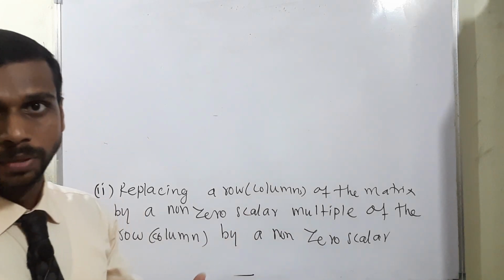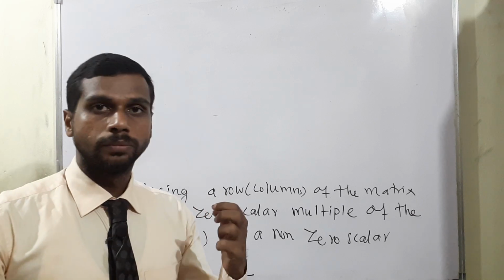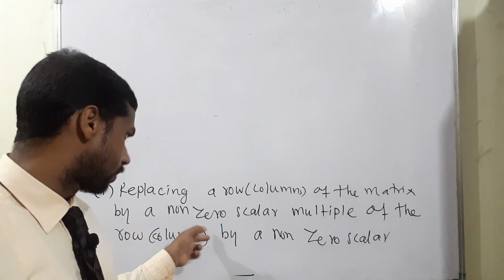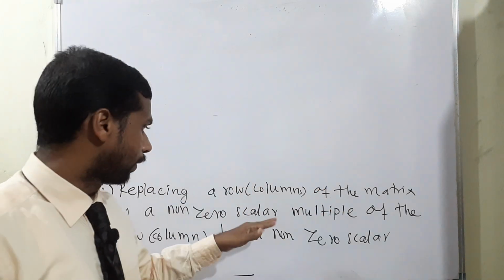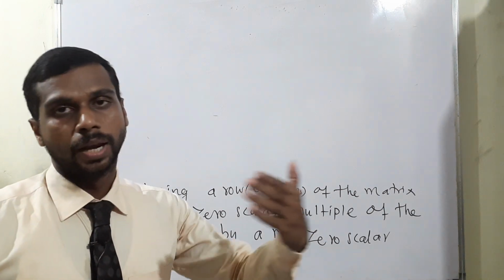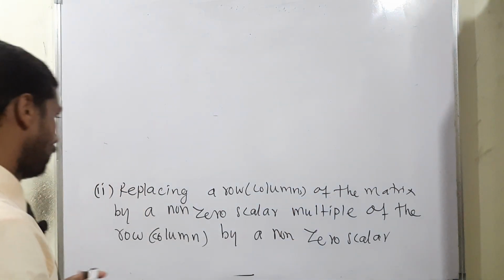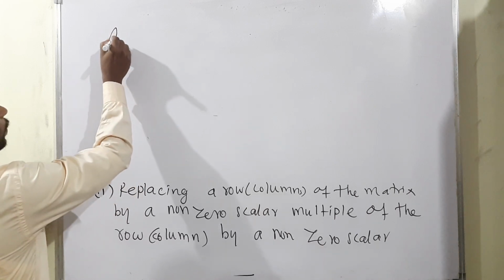Non-zero scalar means a multiplying value except 0, that's why we write it. If you take a constant value, whether lambda or k, we just apply the same condition.